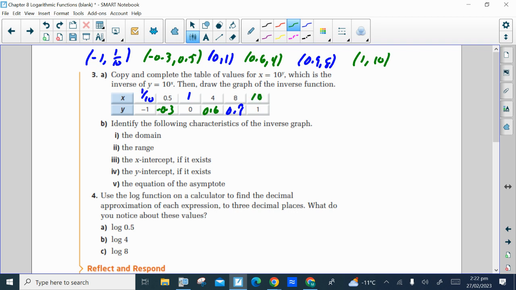So now we can take these points and graph them on the graph on the previous page. So we can graph the inverse as well.